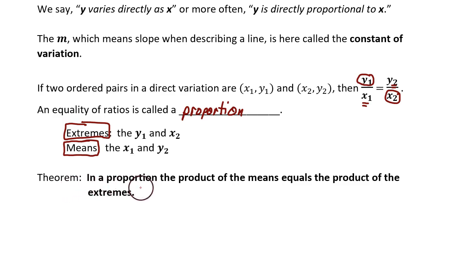In a proportion, the product of the means equals the product of the extremes, meaning you can multiply the number in the top left position by the number in the bottom right position, and you know that will be equal to the x1 times the y2. This is the cross-multiplying technique that you've probably used to solve proportions.